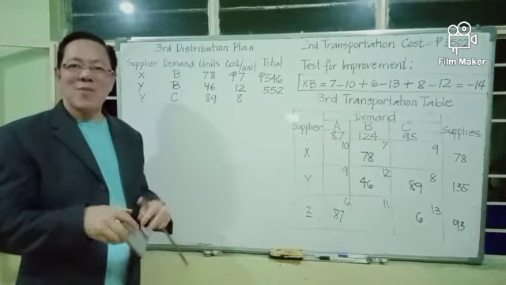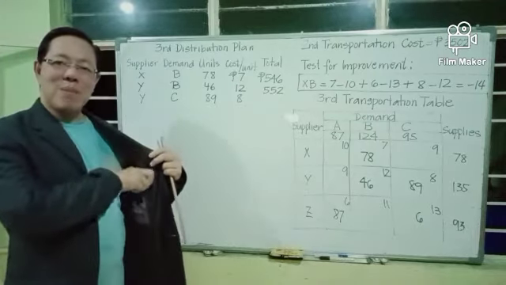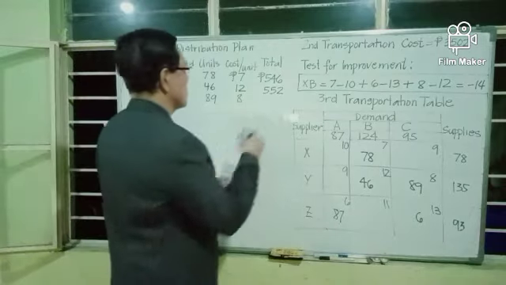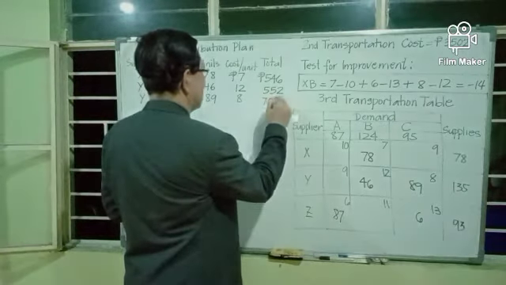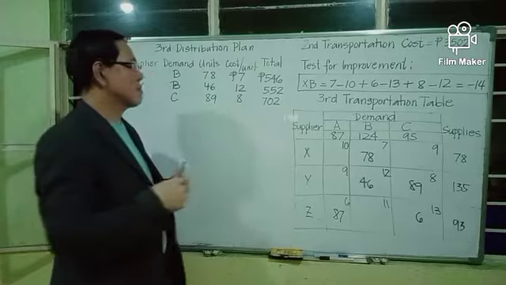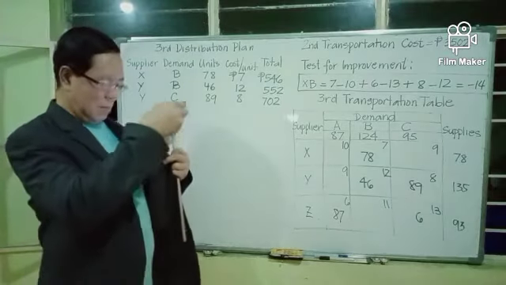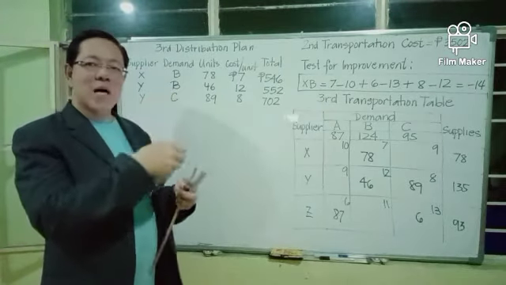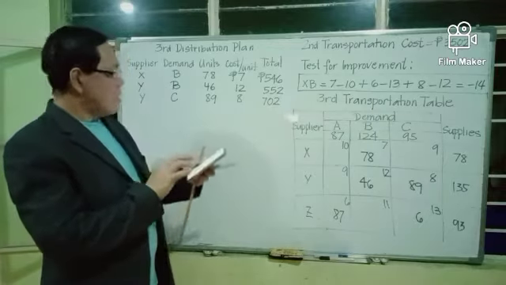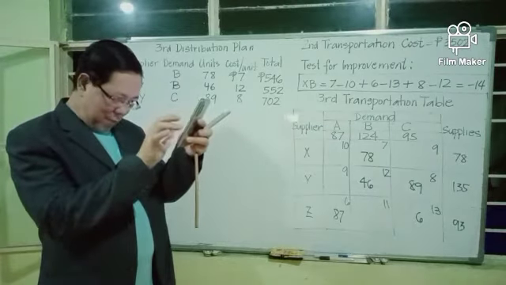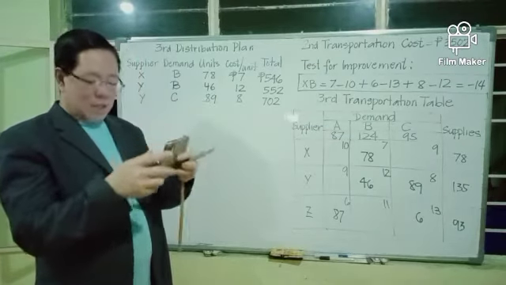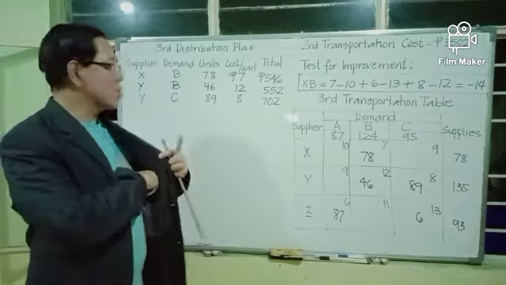And you should get 702 pesos. Sorry, 712 pesos. Let us check. 89 multiplied by 8. 712 pesos.